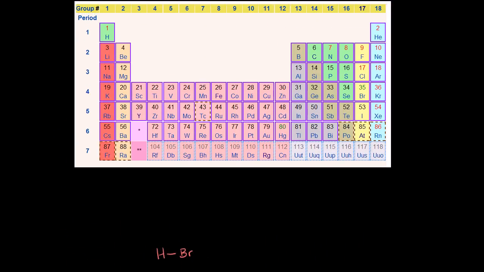This is the periodic table. Electronegativity increases from the bottom left to the top right of the periodic table. Electronegativity is really just a fancy way of saying how much an atom likes to hog electrons. So for example, fluorine loves to hog electrons, and calcium doesn't like to hog electrons so much.